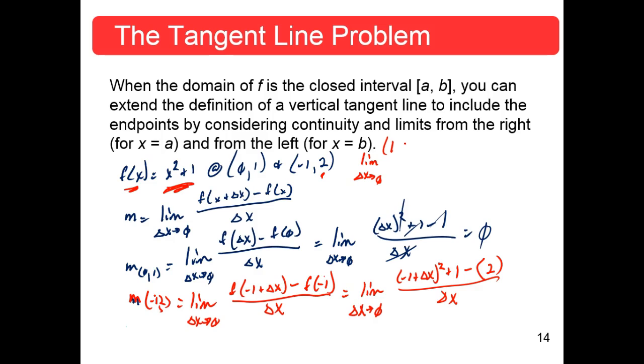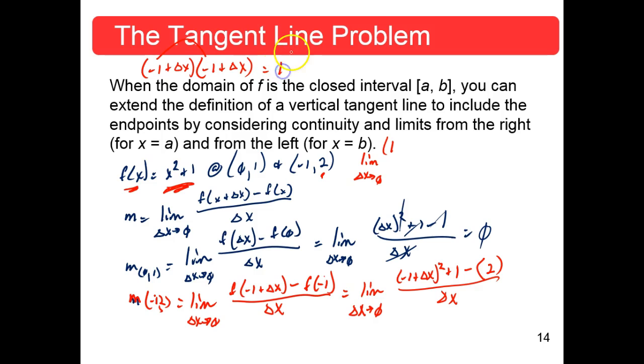You did this squared and that squared, but you forgot about the one in the middle. If you need to, FOIL it. That's always legal. It's negative 1 plus delta x times negative 1 plus delta x. That's that thing squared, multiplied by itself.